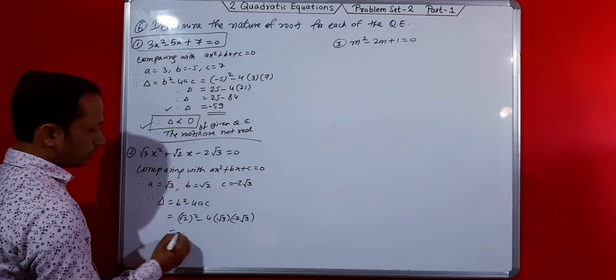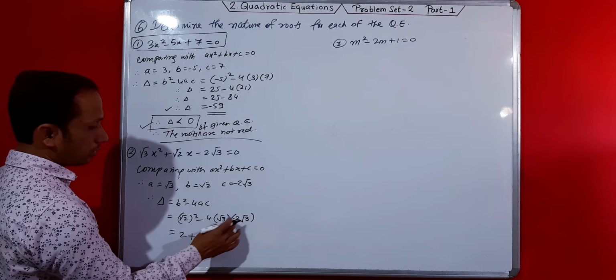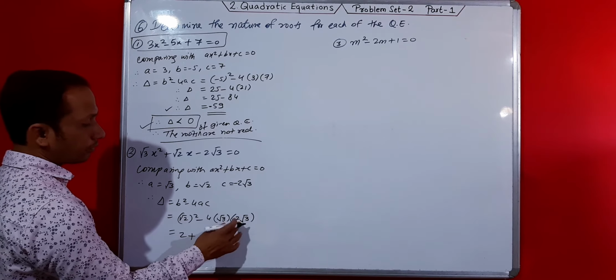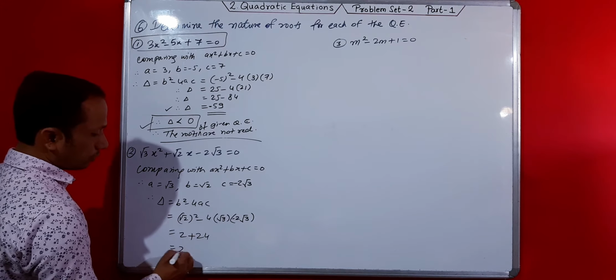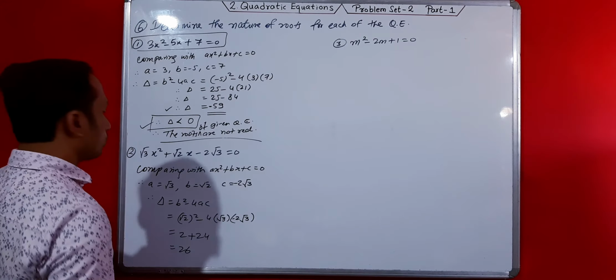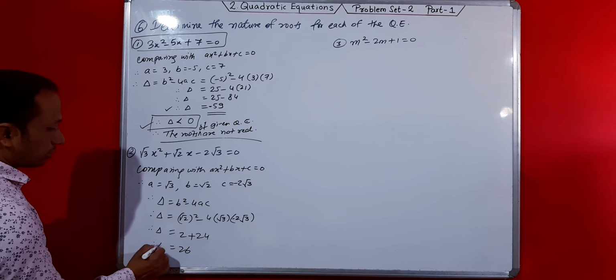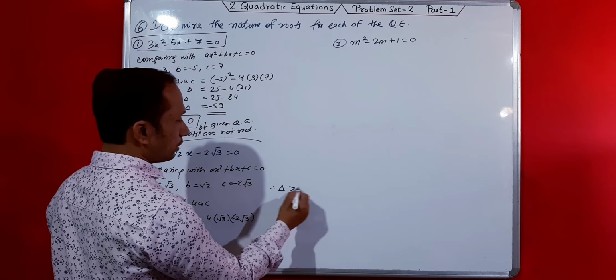So it is 2 only, and this is plus, now 4 into 2 root 3 into root 3, that is 8 into 3, it is 24. So it is 26. Therefore delta is greater than 0.